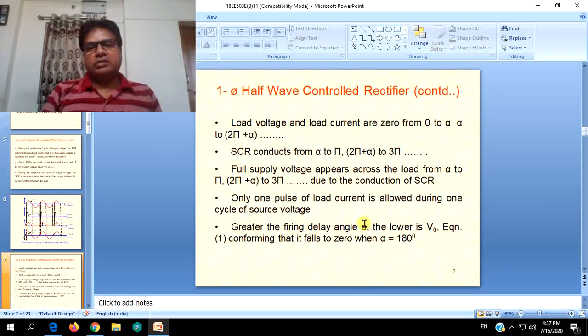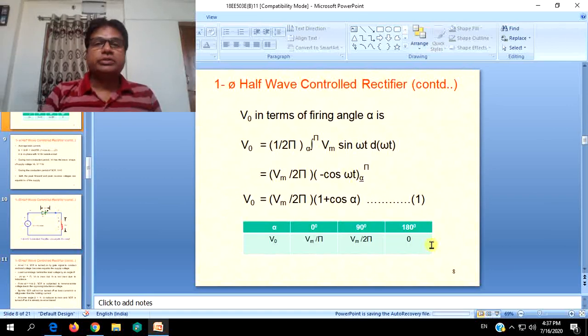If alpha has some value more than 0 degrees, maybe 1 degree or even 10 degrees or whatever, within the half cycle, alpha is greater than 0, beta, the conduction angle, will be less than 180 degrees. Once the conduction angle is less than 180 degrees, power transferred to the load will be less. That can be understood from the equation shown in this, where we will be deriving the average voltage.